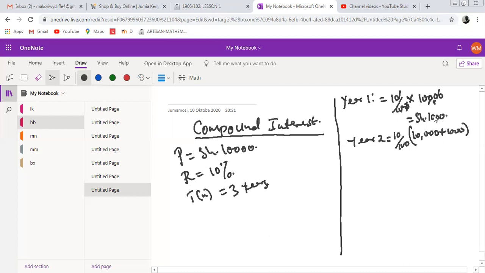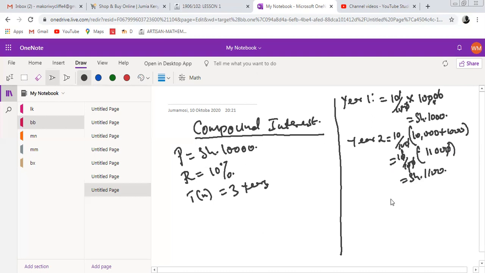So this 1,000 is added to the principal so that now you can get the amount on which to calculate the interest in year two. So this is going to be 10% times 11,000, which will be 1,100 shillings.